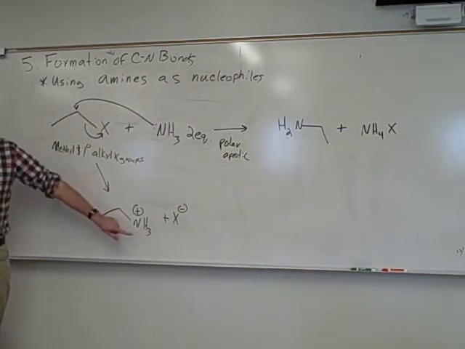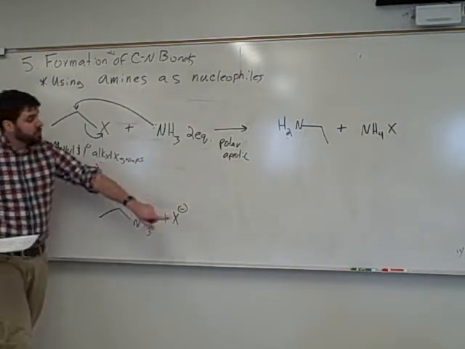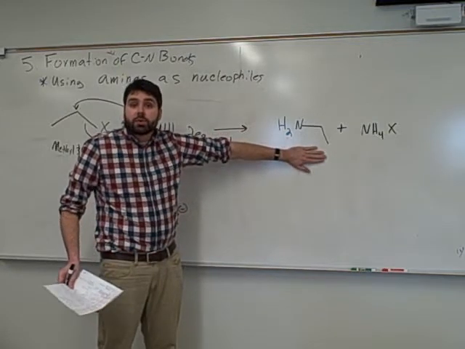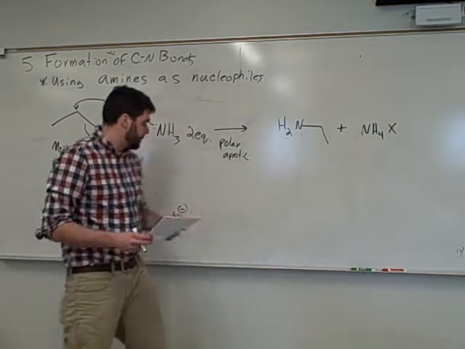As shown down here. Keep in mind, our product that we're looking for doesn't necessarily have this extra proton, so we're going to need to deprotonate that to form our final organic product.